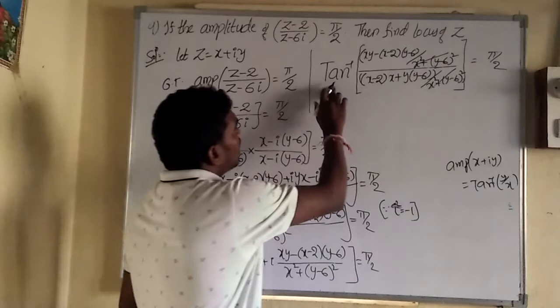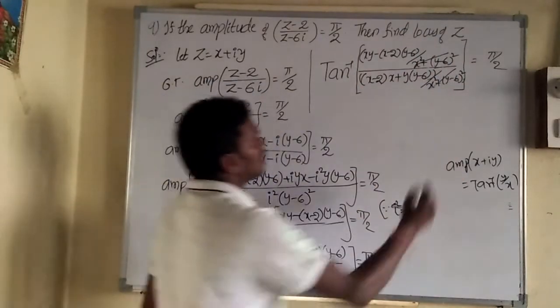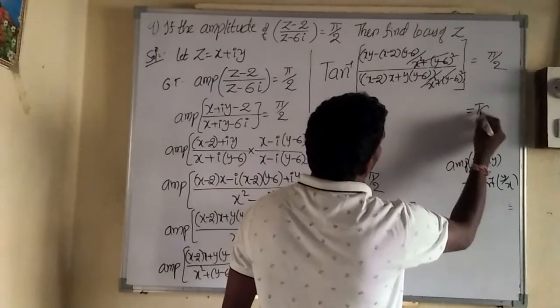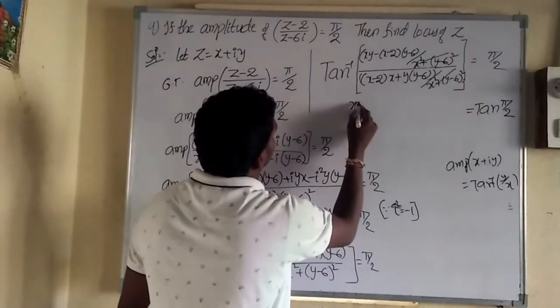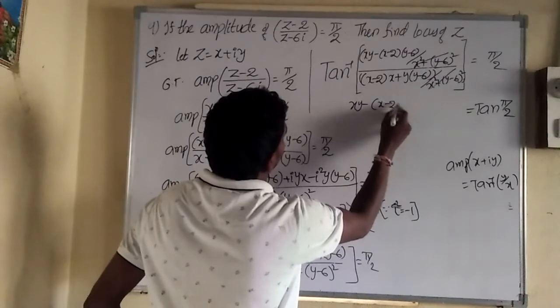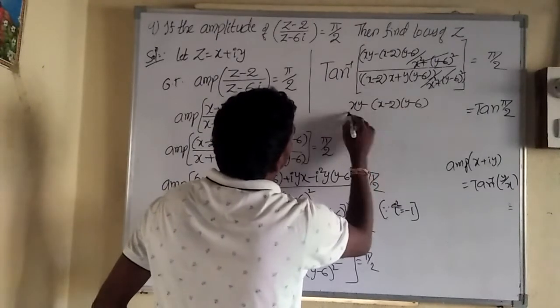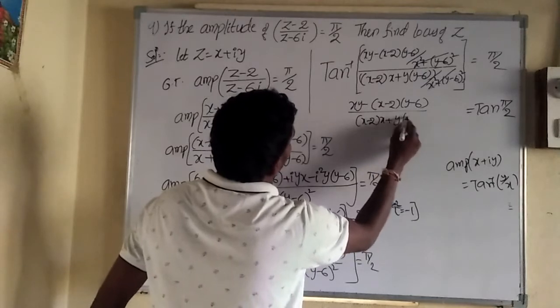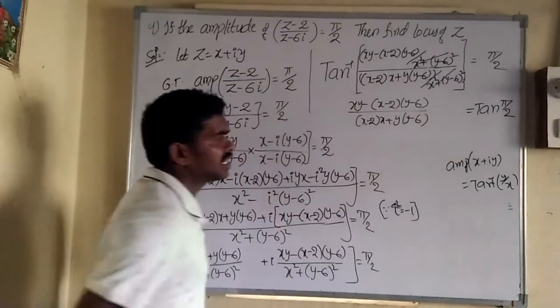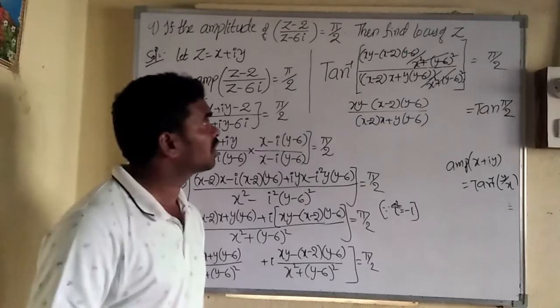And then tan inverse sent to the right side becomes tan pi by 2. The remaining term is (xy - x - 2(y - 6)) by ((x - 2)x + y(y - 6)) is equal to tan pi by 2. Okay?